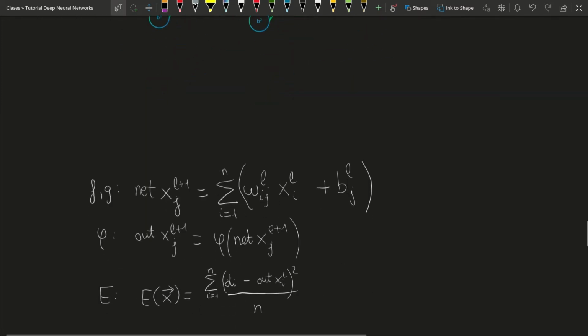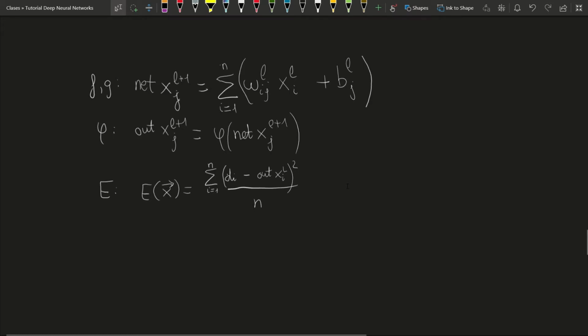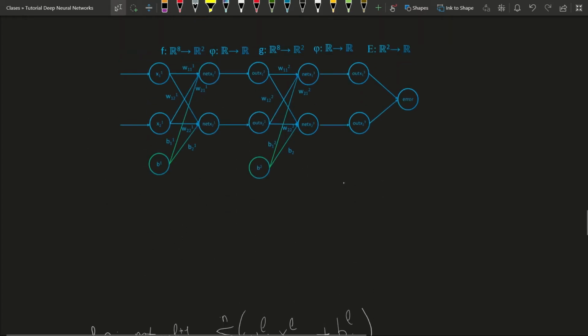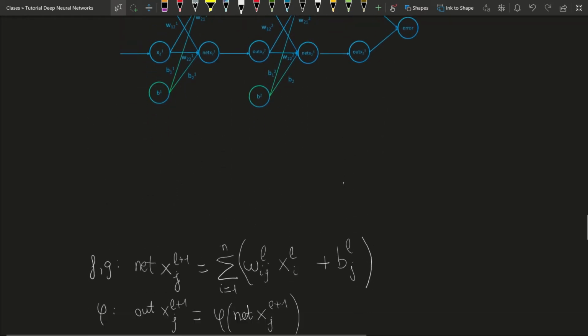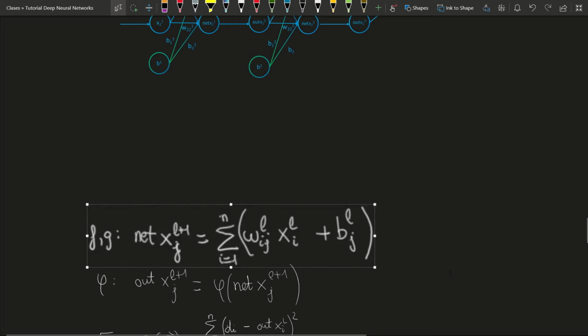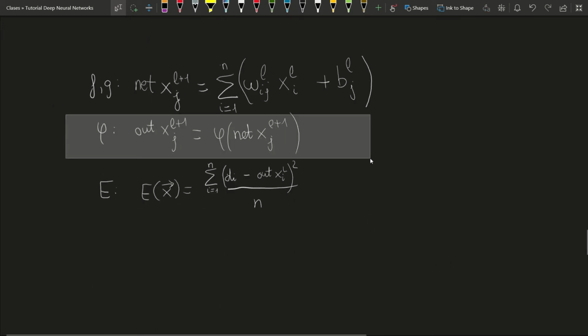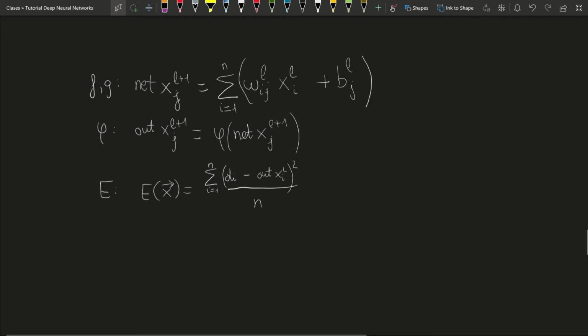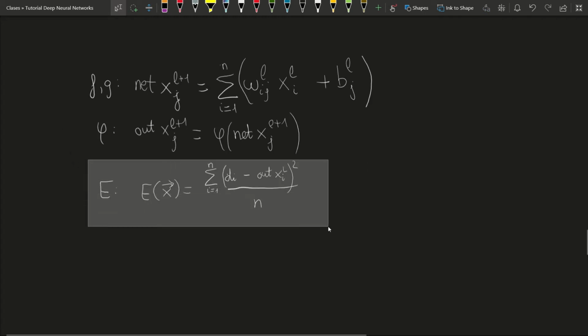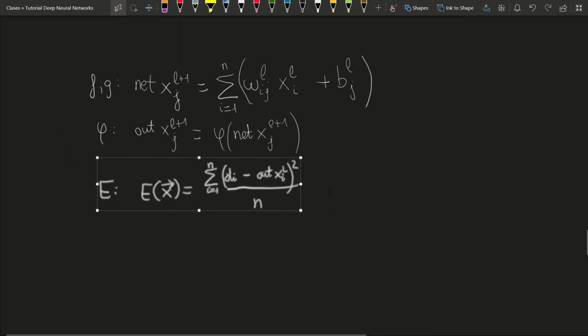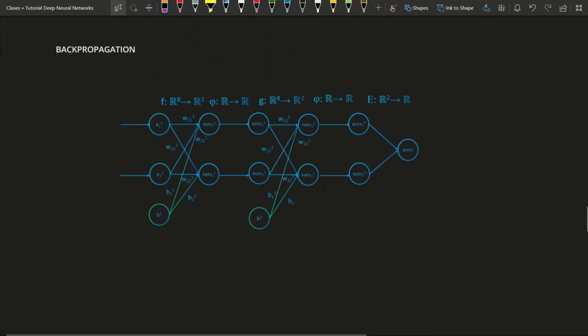Okay, so here I have put a summary of the previous videos on the feedforward, and here you can see that functions f and g in this case will have this form that we saw in the previous videos. This will be the activation function, and finally this will be the mean square error, to calculate the error that the network has made.